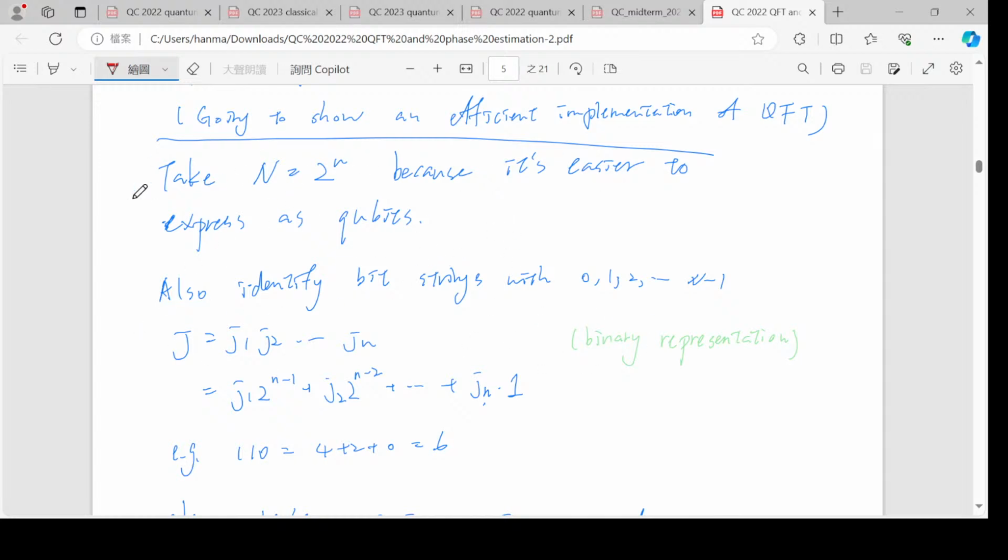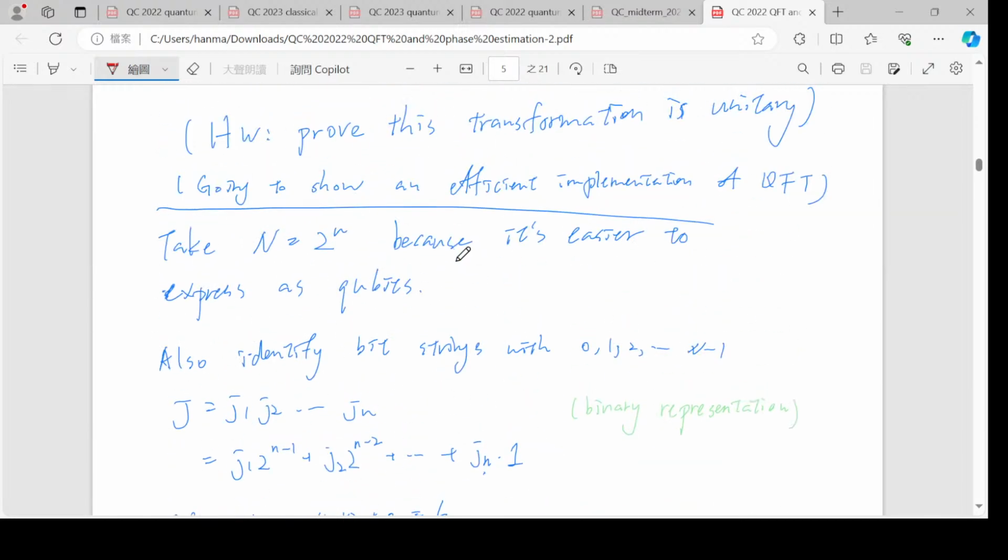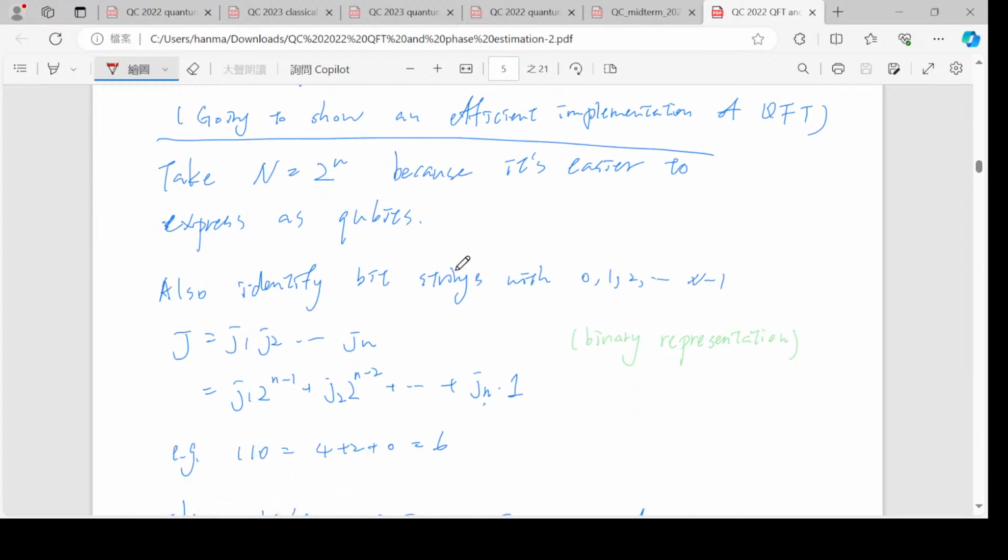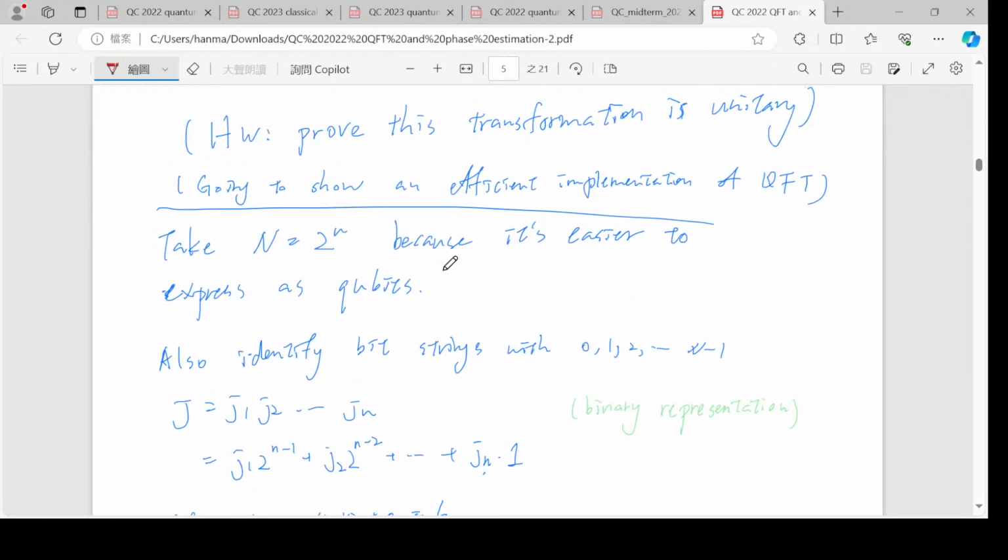So let's restrict N: big N is 2 to the small n, so it's 1, 2, 4, 8, 16, etc. We are going to deal with information in terms of qubits. Before we go to the actual QFT circuit, we need to set up some notation.